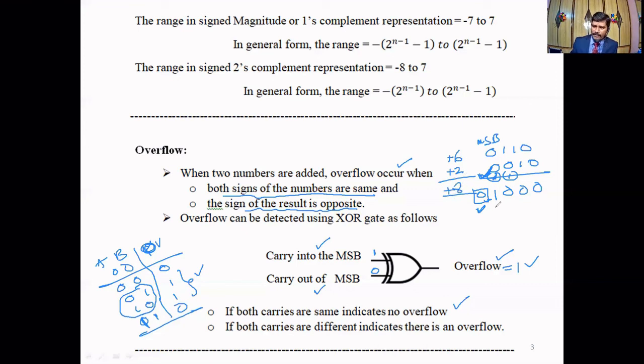But unfortunately we got a negative number. That indicates an overflow. That means when two positive numbers are added, the result sign should be positive. Unfortunately, we got negative, so overflow is detected.